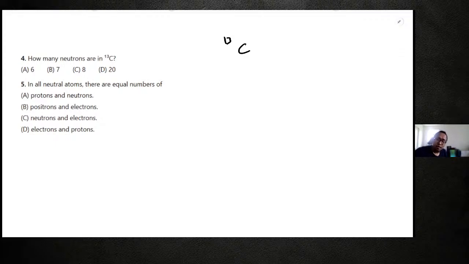This is the isotope 13C, which has a mass number of 13. Carbon always has 6 protons.